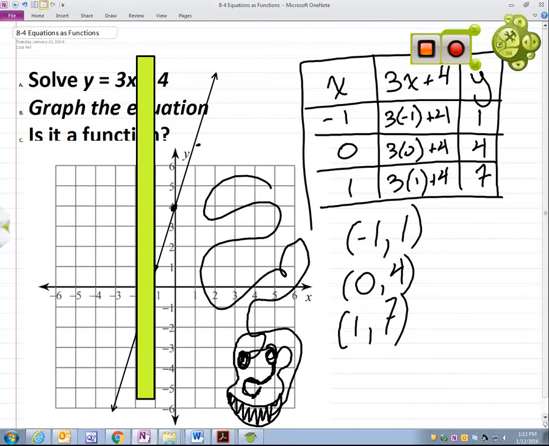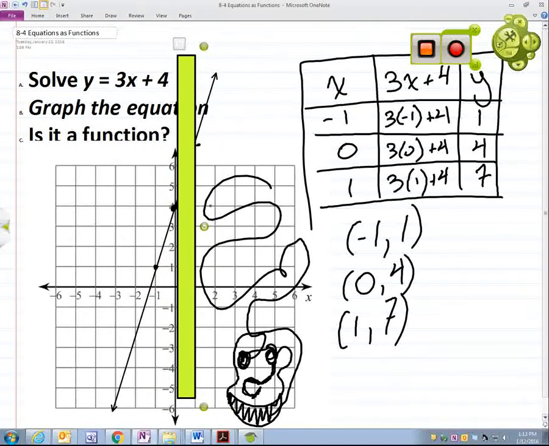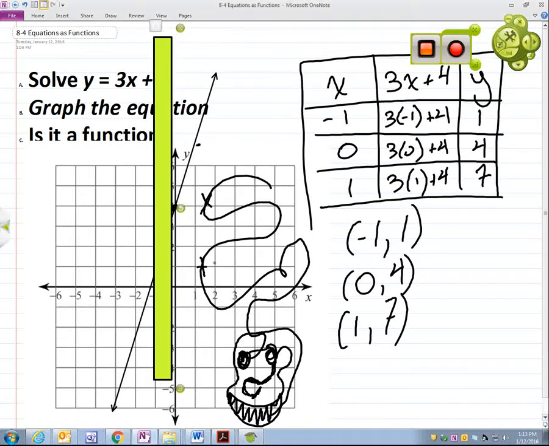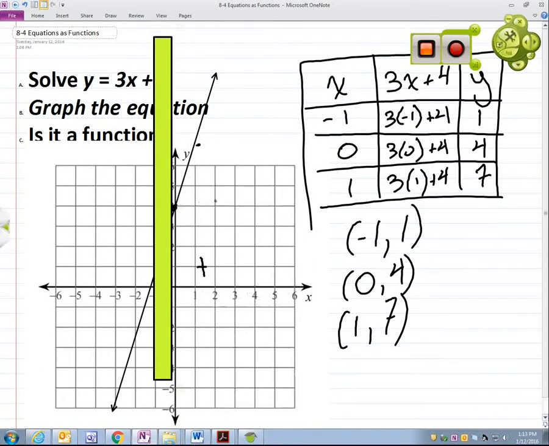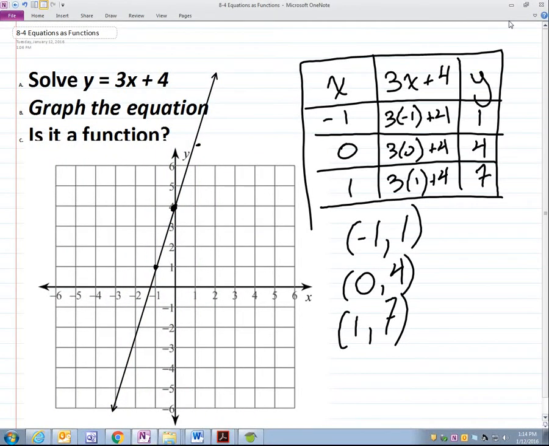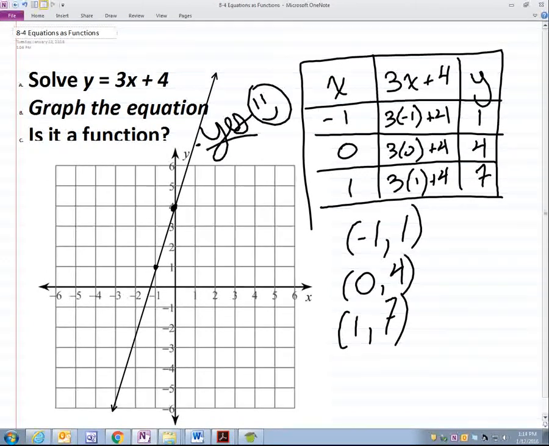Because if I went across, it would be hitting right here at the same time that it hits right here. So that would not be a function. So here's the vertical line test. It only hits it once. So is it a function? Yes, it is a function.